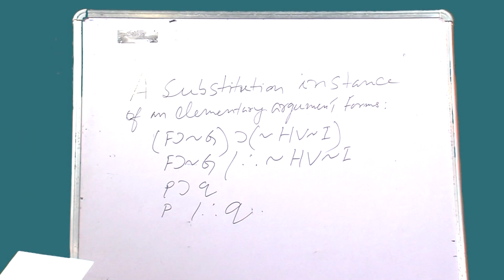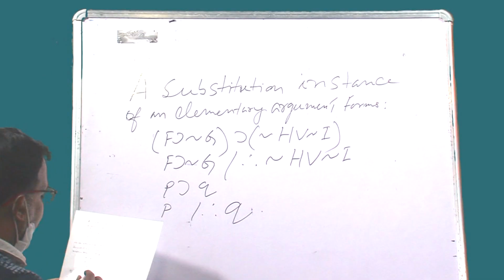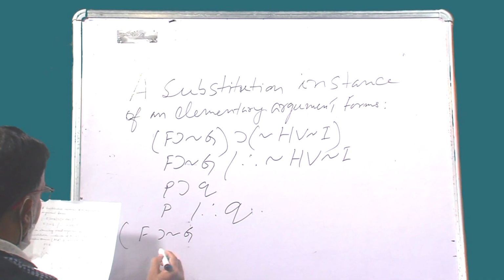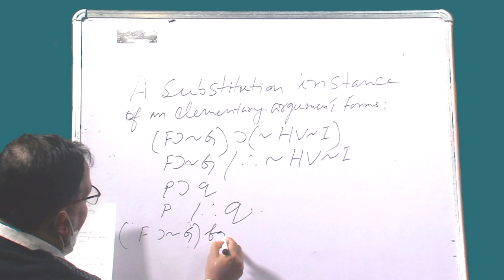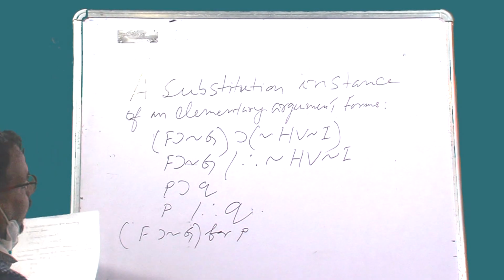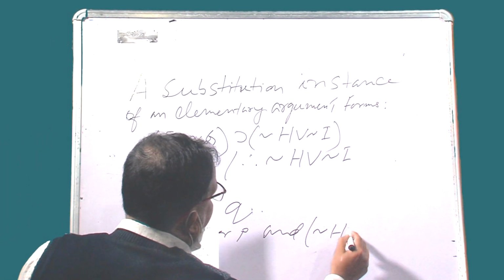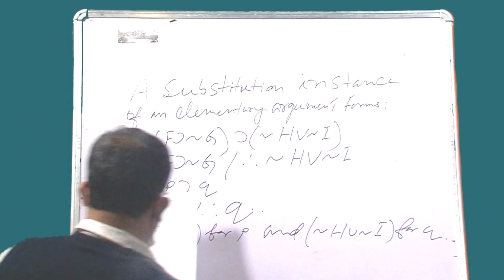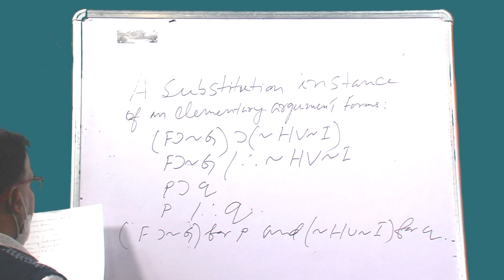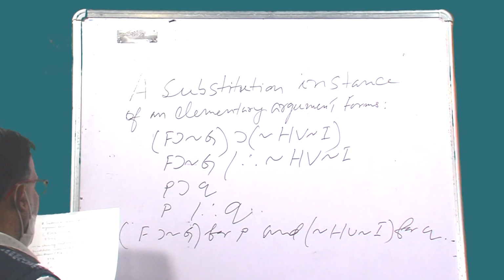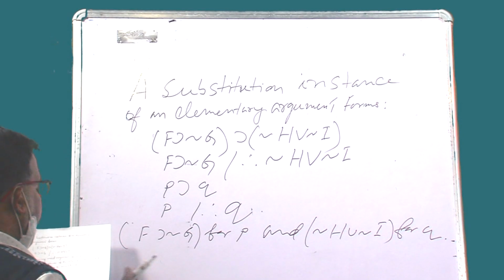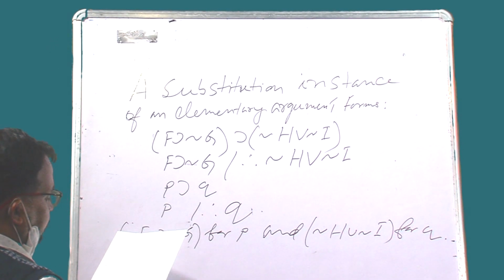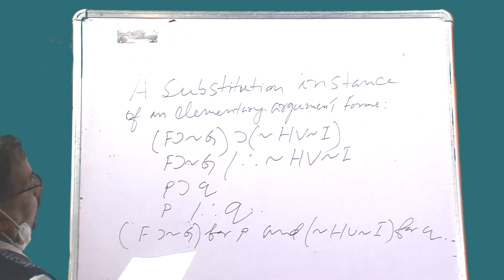Dear learners, now you see, by substituting F implies G for P and H implies negation I for Q. Therefore, it is that form, even though modus ponens is not the specific form of that given argument.